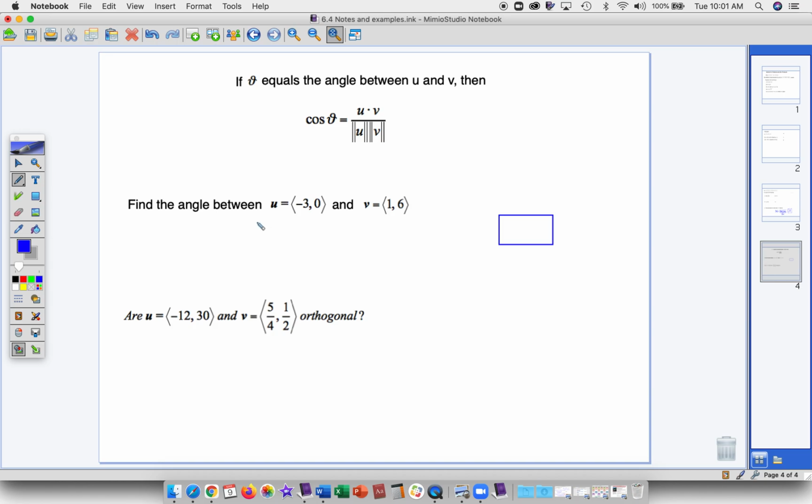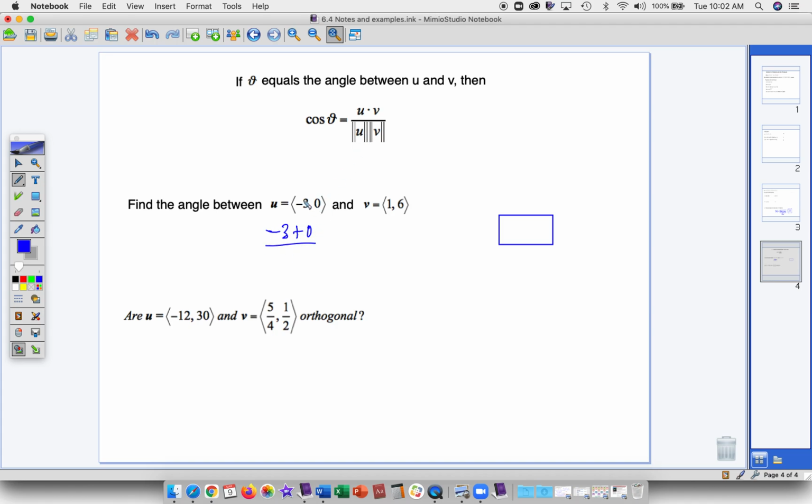So find the angle between u and v. Go ahead and plug into this formula, calculate this, and then find the angle theta. Pause the video, come back when you're done. Okay, so let's see how you did here. So we have u dot v, so that's negative 3 times 1, plus 0 times 6, so that's just 0.